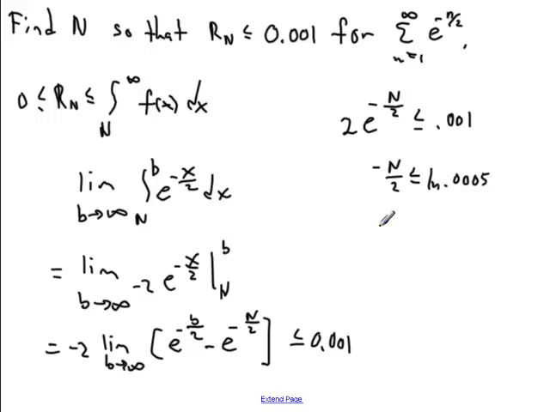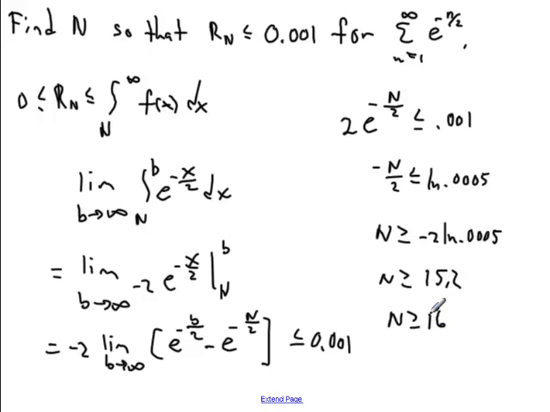Multiply by negative 2, and n has to be greater than or equal to negative 2 ln 0.0005. And so we get the decimal approximation here, and n has to be greater than or equal to 15.2, so therefore n has to be greater than or equal to 16.